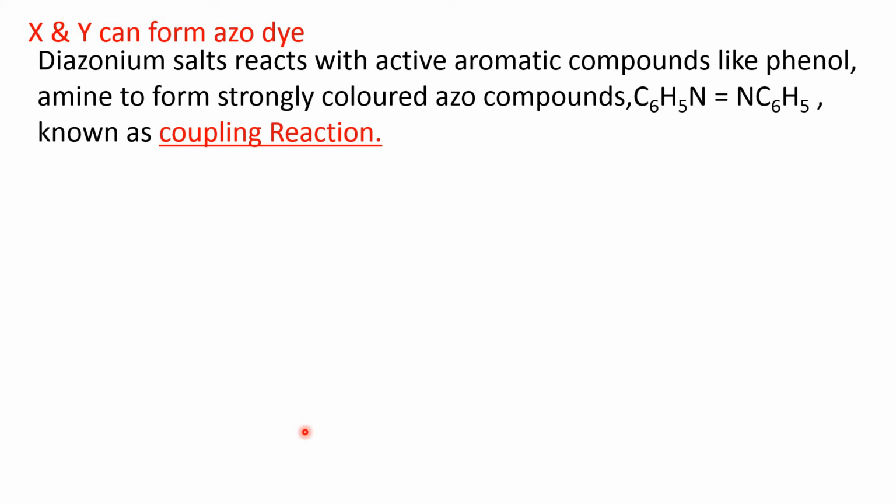When these active aromatic compounds react with diazonium salt, regarding diazonium salts, their preparation and reactions, I have discussed in riddle number 55. You can see it from the playlist. Now, when these active aromatic compounds react with diazonium salt, strongly colored azo compounds are formed, and this reaction is known as the coupling reaction.